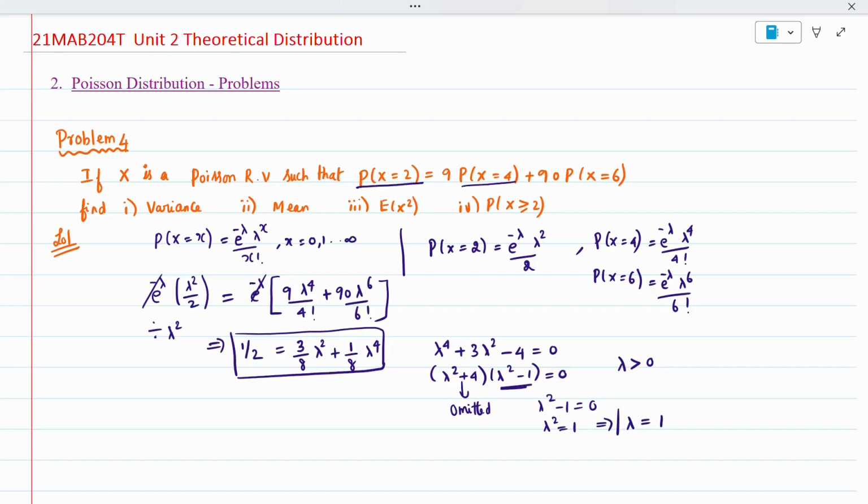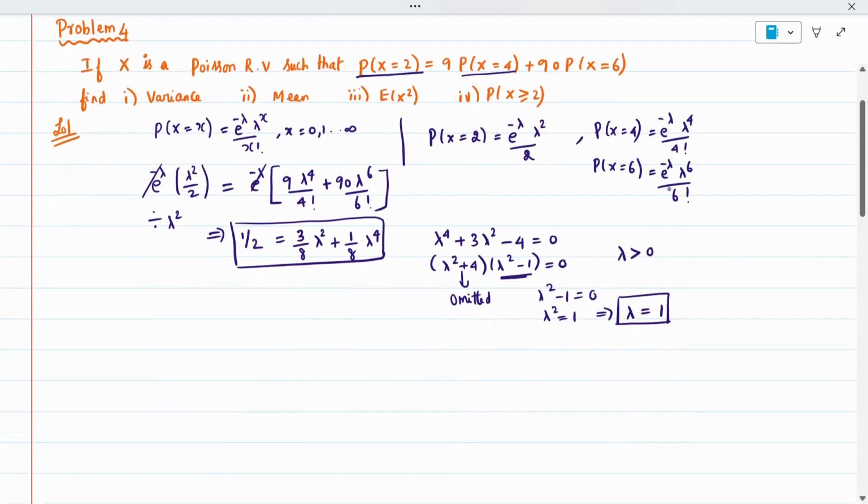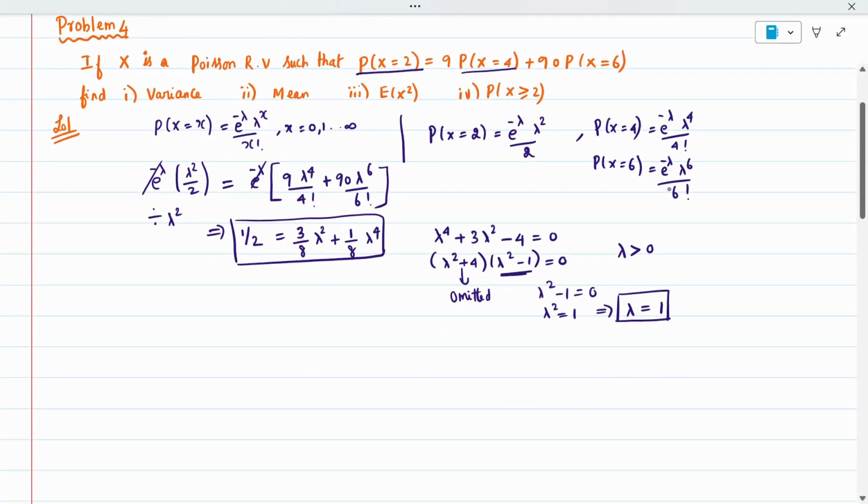Only the positive value is taken. Lambda is 1 means Poisson distribution with lambda equal to 1.